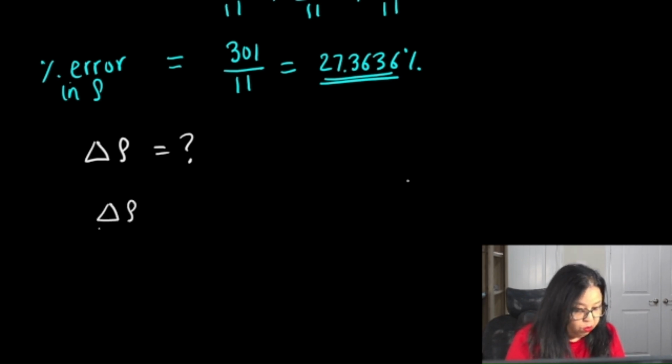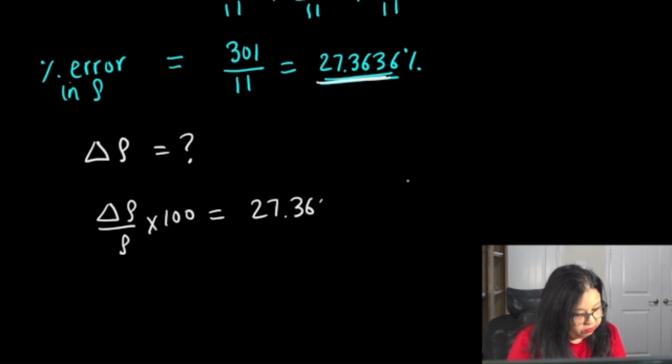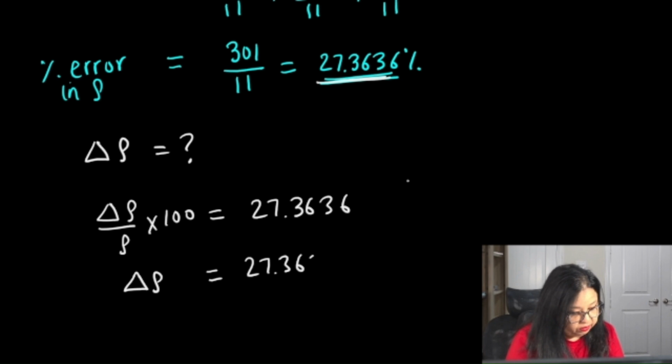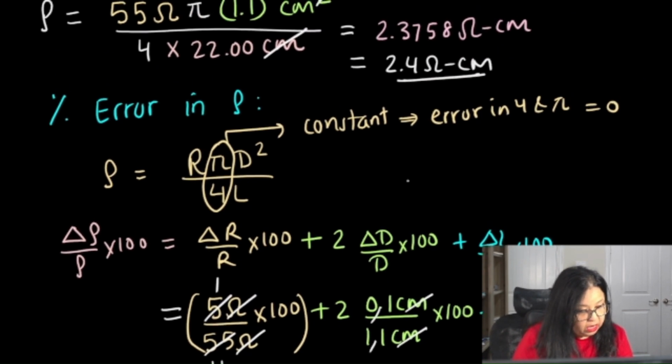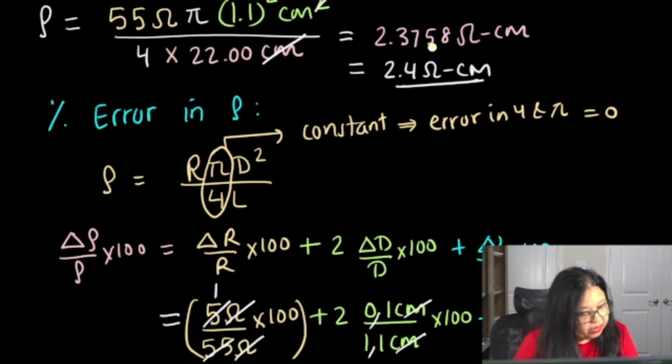So delta rho over rho times 100 equals what? We just solved for it. 27.3636. Let's rearrange this equation to solve for delta rho on the left hand side. You get 27.3636 rho over 100.